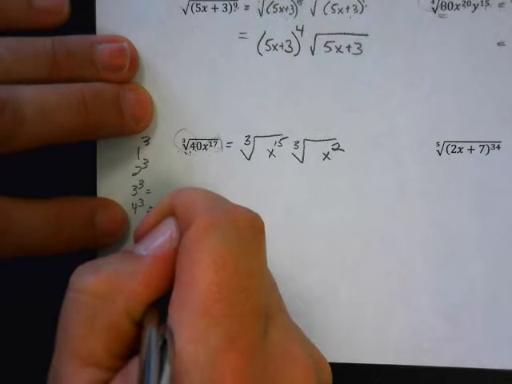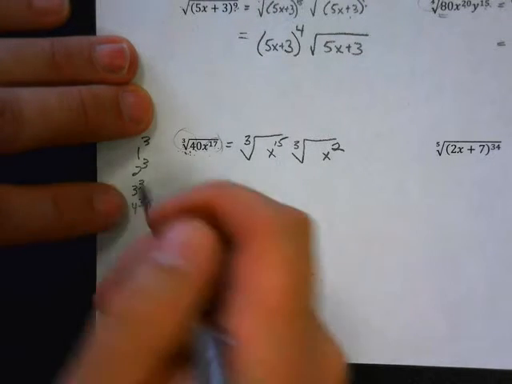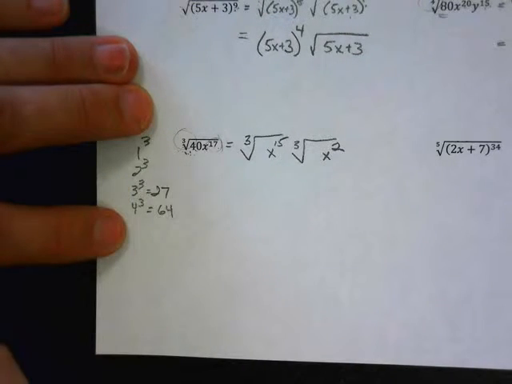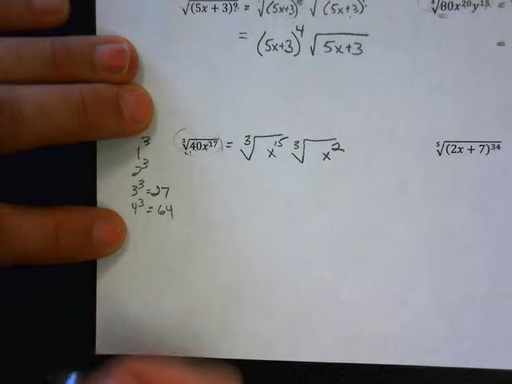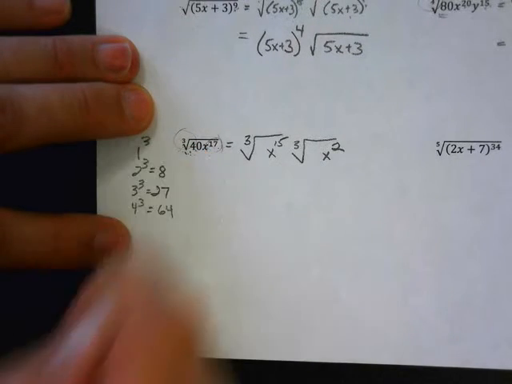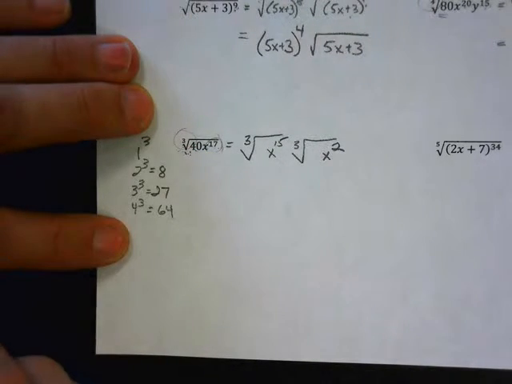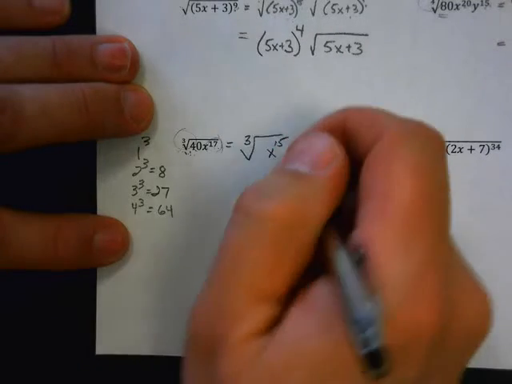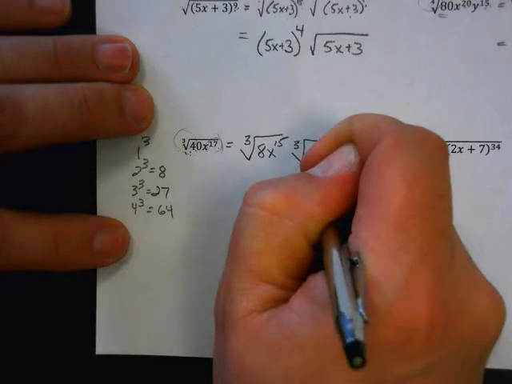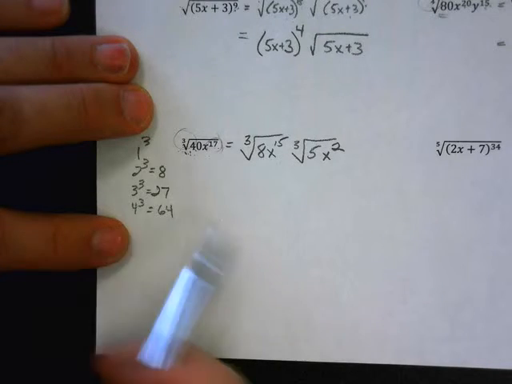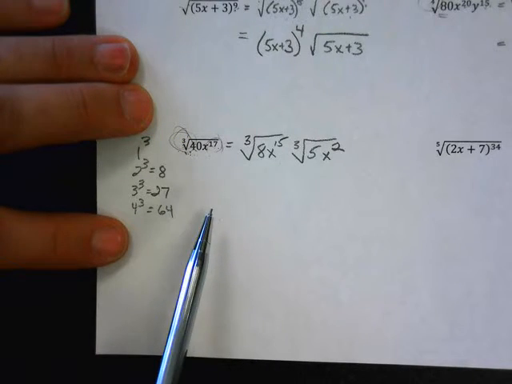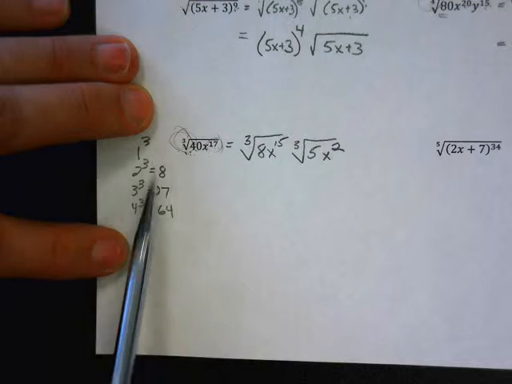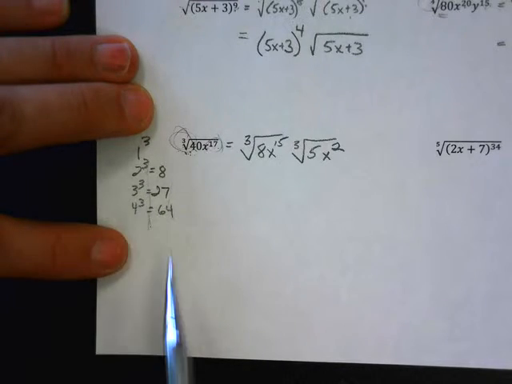What's 4 cubed? 64. Too big. 3 cubed, 27. You said it wasn't a factor. How about 8? Does 8 go into 40? It's 8 times what? 5. But we're not going to use 4 and 10. We're looking for the largest cube as we go down.